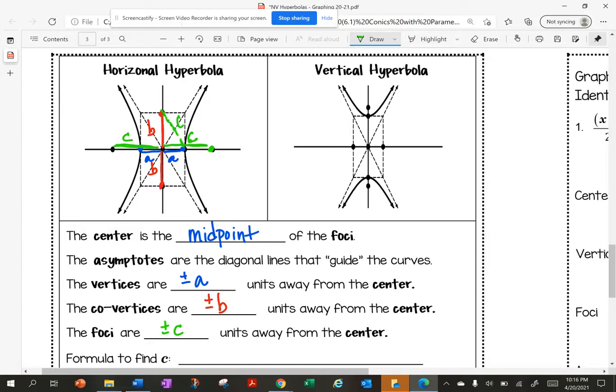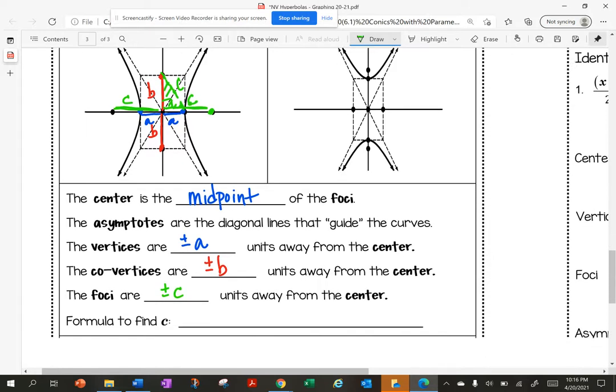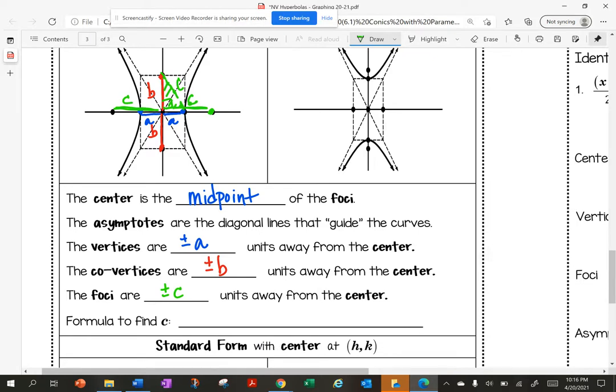So this time C is the longest side. So this one is using kind of the standard Pythagorean theorem. So C is the longest, not A, like in the ellipse. So c squared is going to be equal to a squared plus b squared, because c on a hyperbola is the longest side. So this is the standard Pythagorean theorem, but c happens to be the hypotenuse.